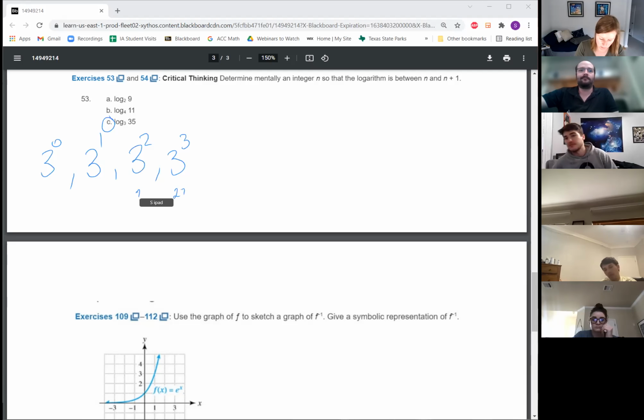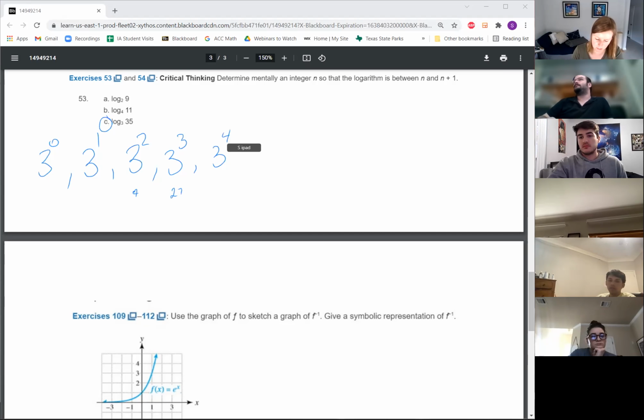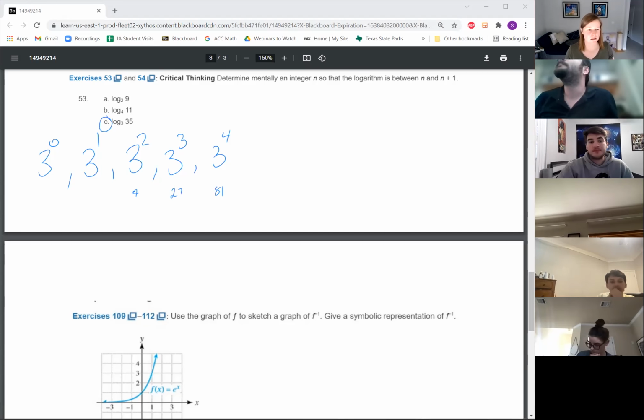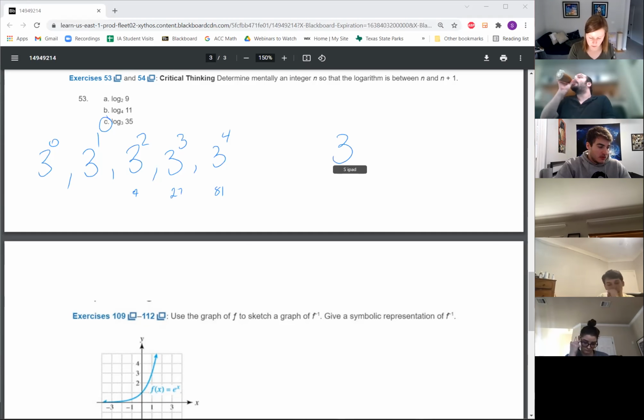I know it's getting harder to calculate. 3 to the 4th is 81. So are we getting anything that helps us figure out where log base 3 of 35 is around? It's in between 3 to the 3rd and 3 to the 4th, so in between 3 and 4, right? Yes, ma'am. There we go.